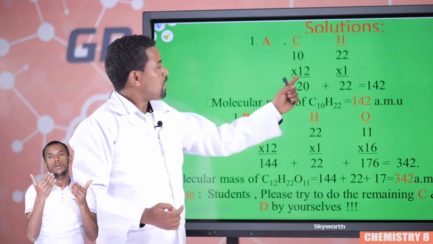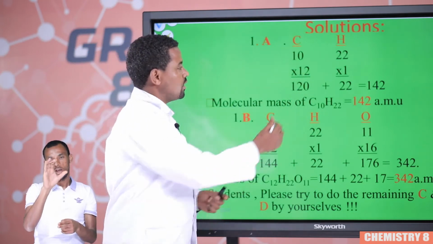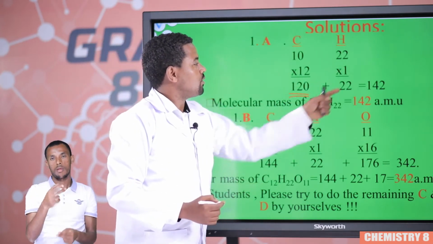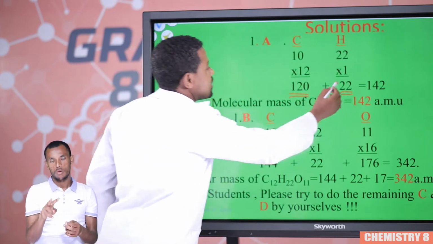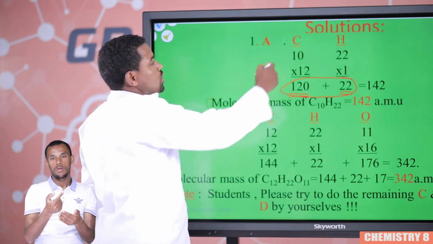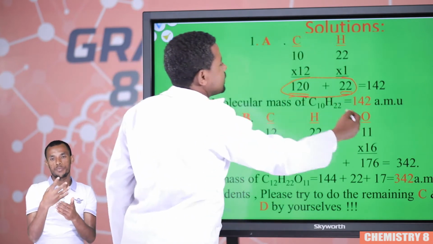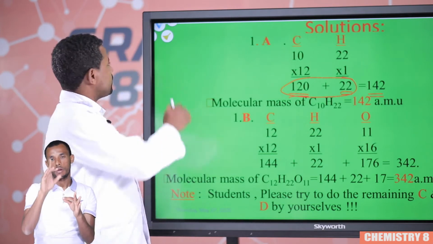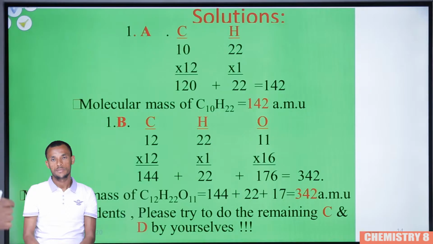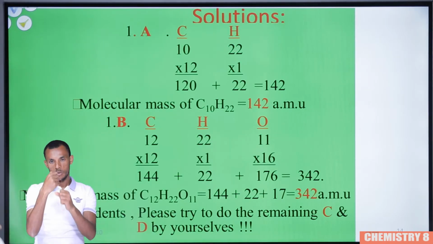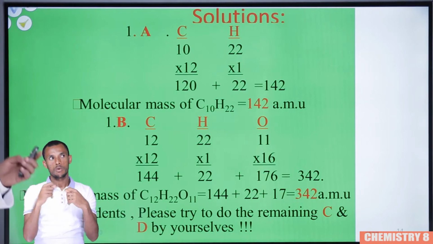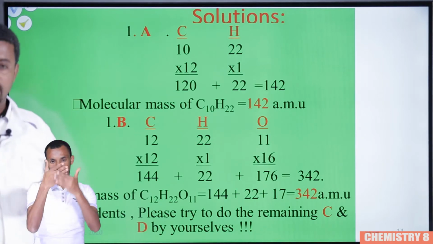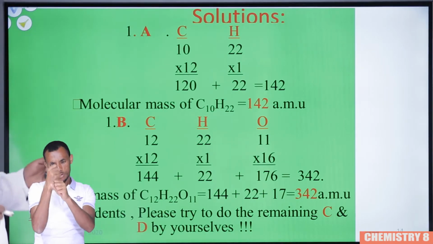So multiply by 12 for carbon, you get 120, and multiply by 1 for hydrogen, you get 22. Then the sum of these two total masses of each element will give you the molecular mass of decane. And you can try the remaining ones by yourself. It is very simple. You have to use the steps carefully, and you can calculate easily. It is simple calculations.